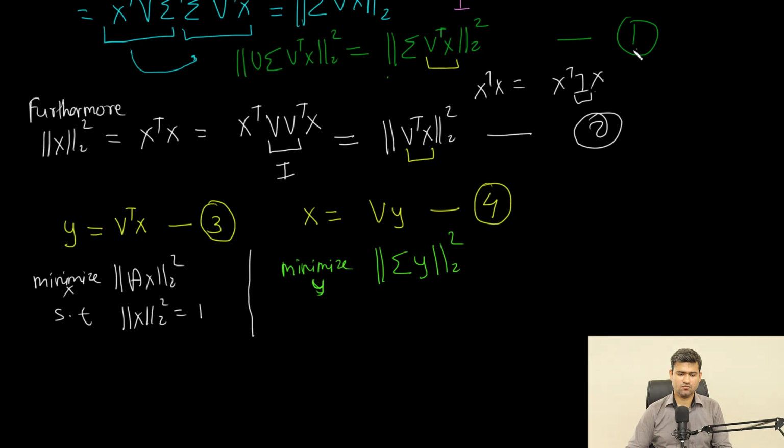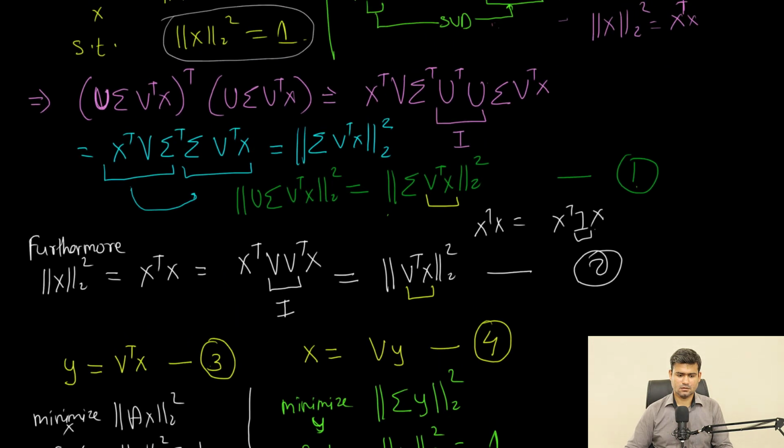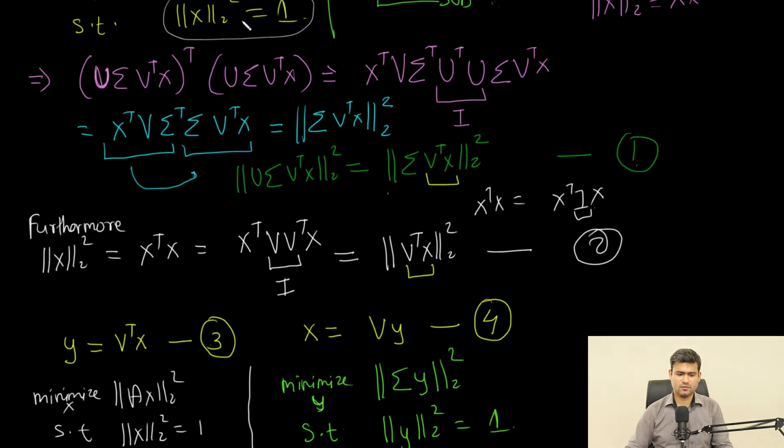We are clubbing 1 and 3 to obtain this objective, subject to the constraint that the norm of y is equal to 1, where we have used the fact that the norm of x squared is equal to the norm of V transpose x squared, which is equal to the norm of y squared.